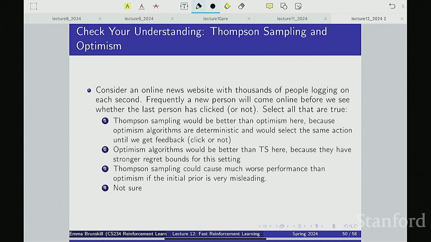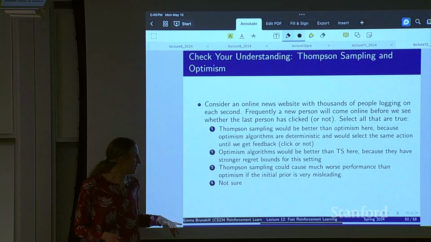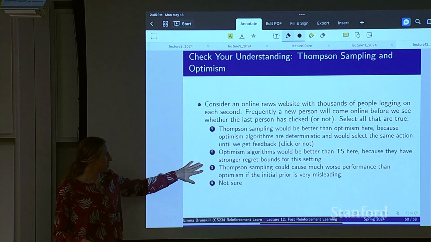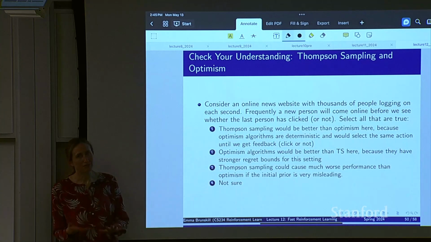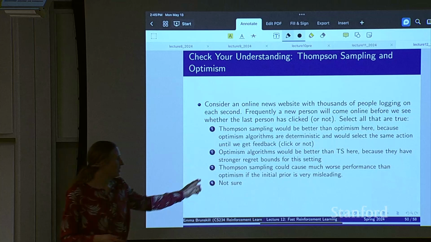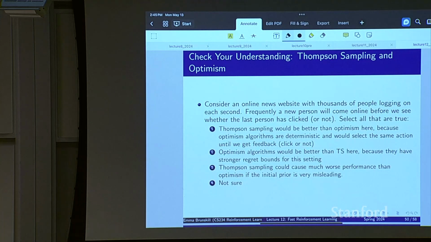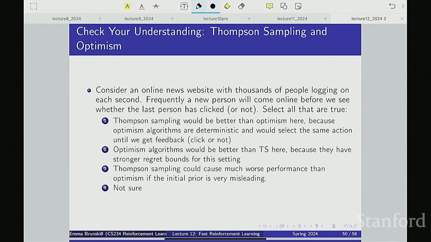Okay, so let's come back together. As we were just discussing, someone pointed out that Thompson sampling could cause much worse performance than optimism if the prior is very misleading. So this is true.